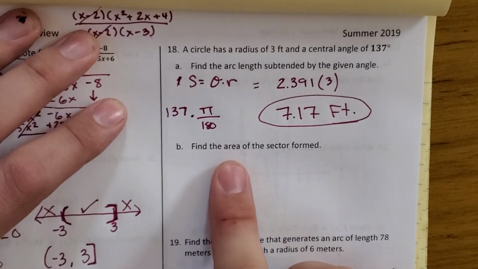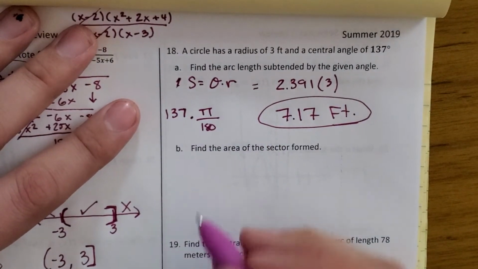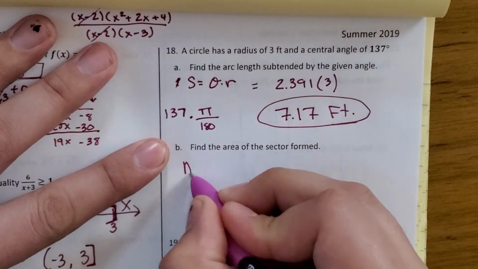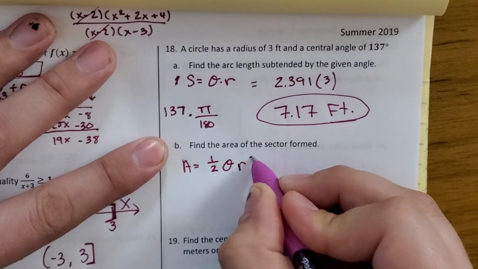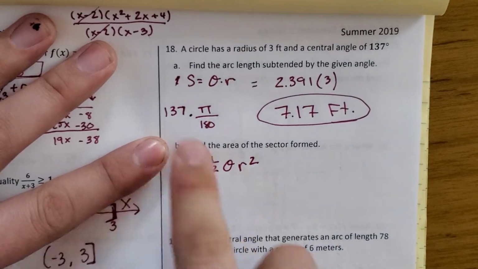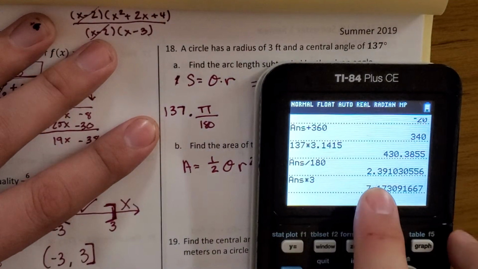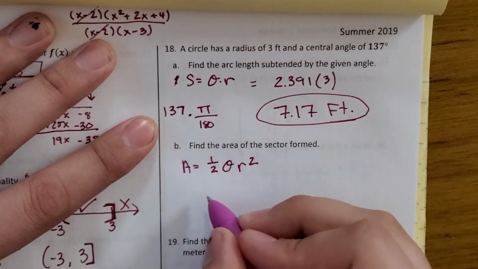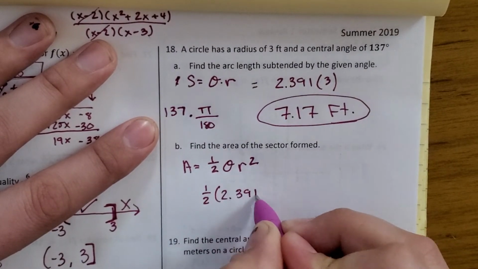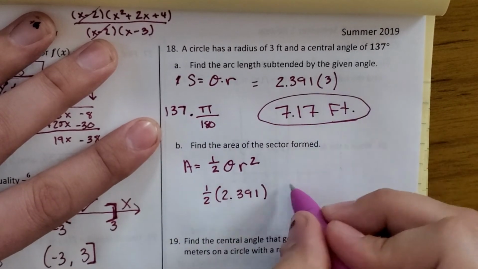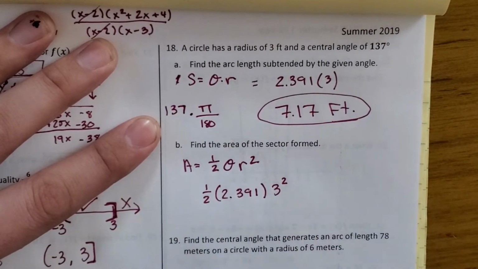Part B says to find the area of the same sector. So the area is found by doing 1/2 theta r squared. So I'm still going to do the same thing to theta. I'm still going to take this 2.39 that I found earlier. So 1/2 times 2.39 times r squared. So times 3 squared, which is just 9.